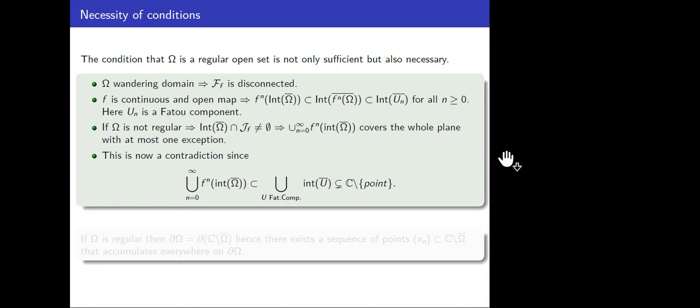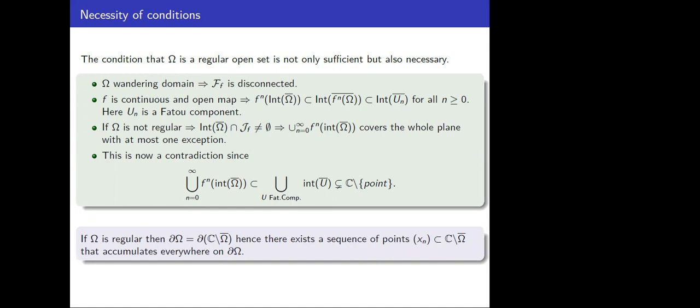And what I use it for, I mean, why is it good for me or for, let's say, us working with this, is the following. If your set is regular, this means that the boundary of your set is the same as if you take the closure, look at the complement, and look at that boundary, which basically allows you to find a sequence of points outside your domain such that every point of the boundary of your domain is an accumulation point of this sequence.